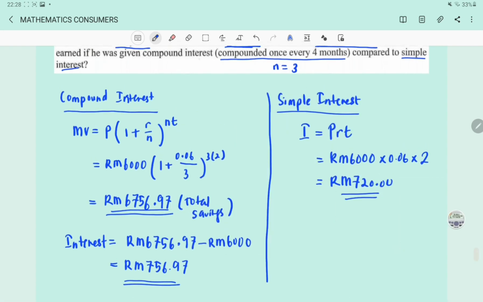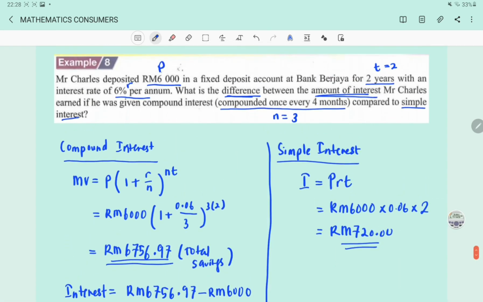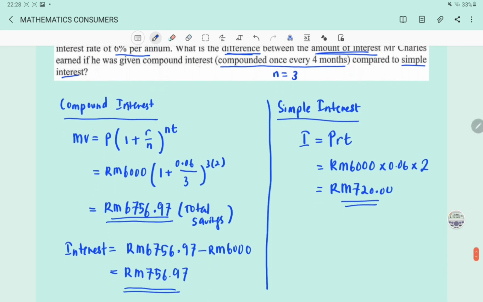So now you can make a comparison. If it uses compound interest, the value is 756.97, and this one is the interest based on simple interest. So which one is higher? Clearly, compound interest will give the higher interest.